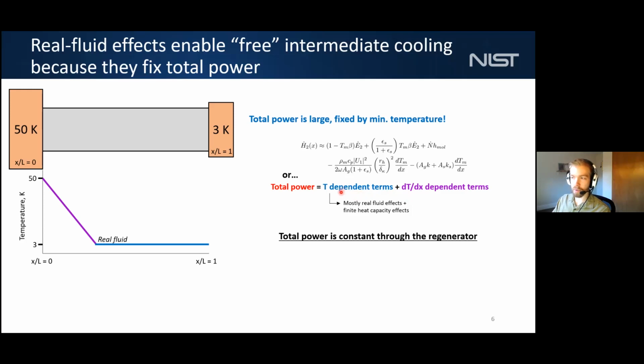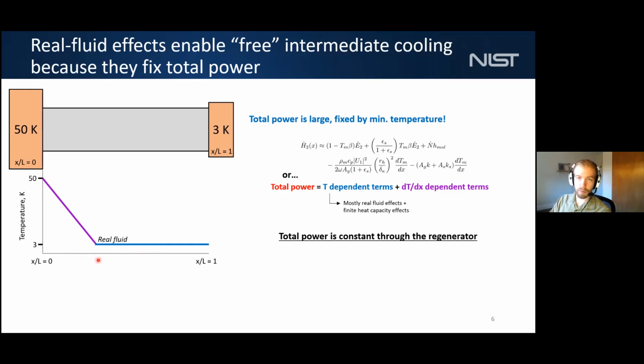And because these temperature dependent terms are so big, it forces the temperature gradient terms to adjust to these big temperature dependent terms. And that's because total power flow through this regenerator is constant. You're not applying heat or absorbing heat anywhere along the length of this regenerator, so total power is constant as a function of the axial position. So because the power is so big down at low temperatures, it forces the gradient to be very large in the beginning of the regenerator.